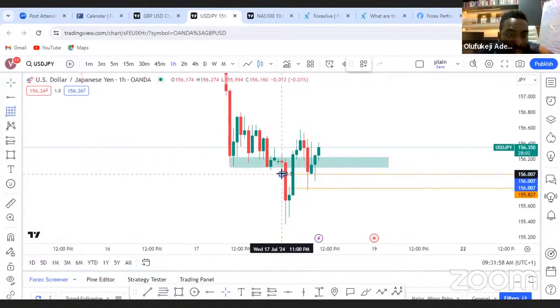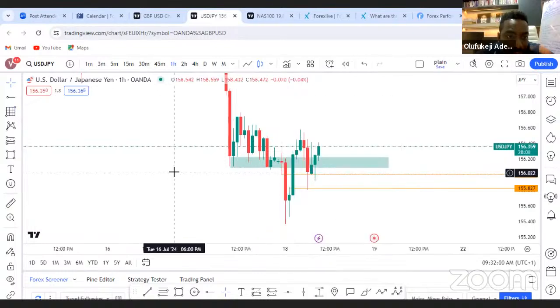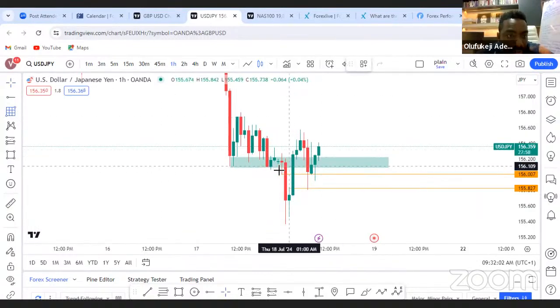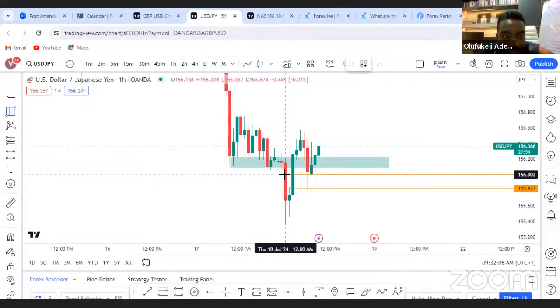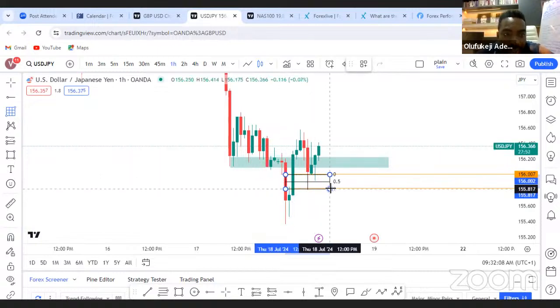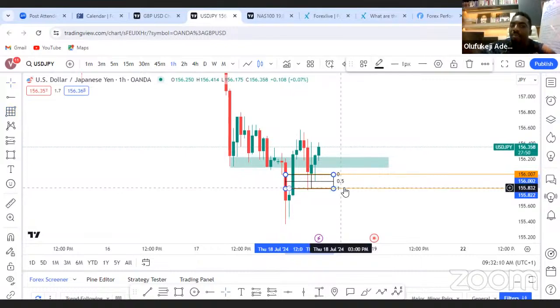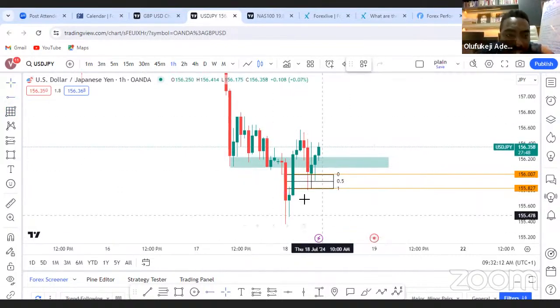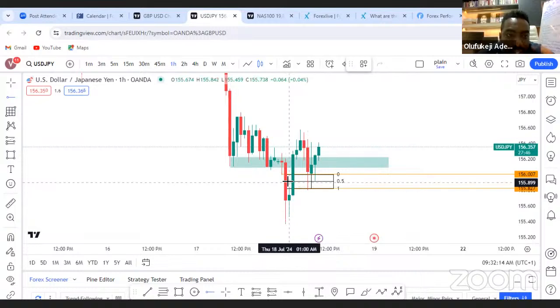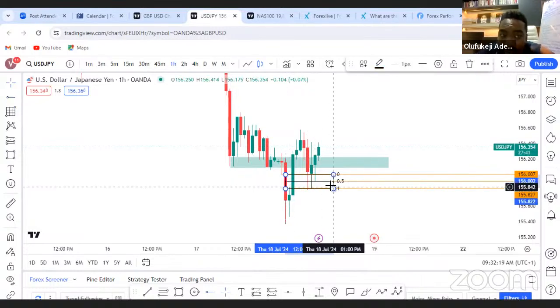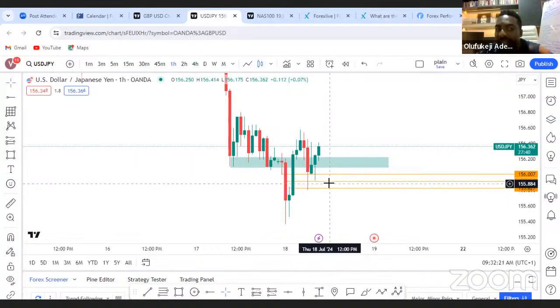50%. Fibonacci. So it now came to a discount level. Then there's also an order block there. Do you see how everything is lining up?